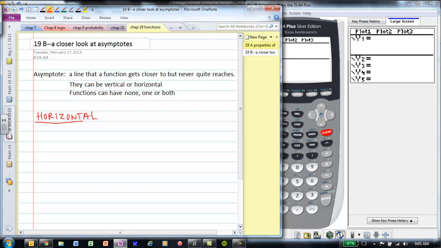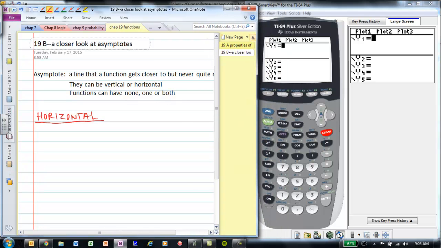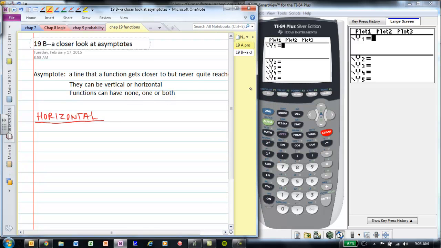The first thing you want to do is use your calculator to help you understand everything that's going on. But you want to make sure that your calculator window is wide enough, because what we're most interested in is what happens when x approaches infinity and what happens when x approaches negative infinity.